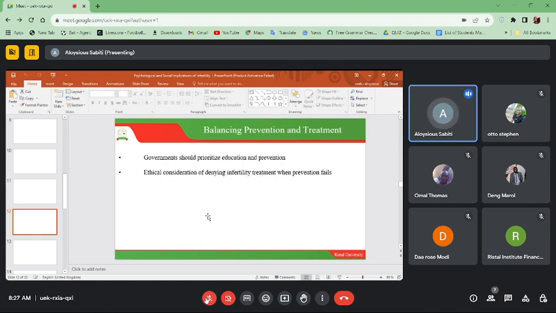When we are talking about cost effectiveness, the cost of treating infertility issues is very high, whereas they could actually be treated easily.